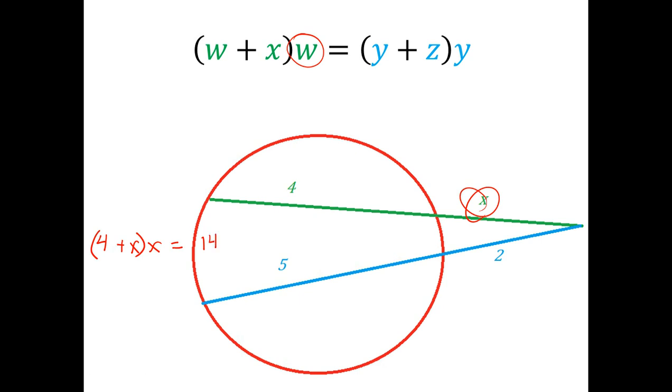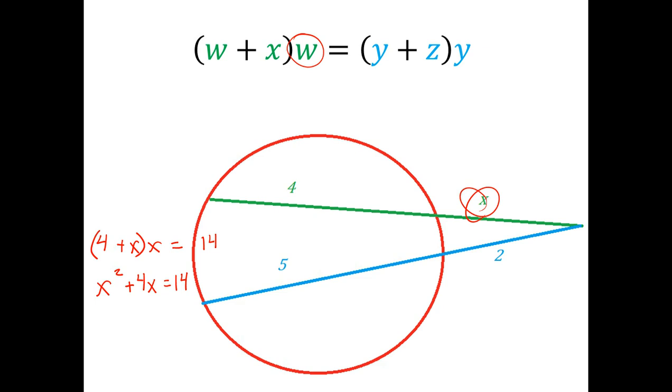Multiply it in, getting me x squared plus 4x equals 14. And now I'd have to use either the quadratic formula or completion of the square. I'd have to do something to find my x values. And I'd want to make sure that they are positive, because if my x values are negative, those aren't the right answer. Okay. So from here, we'd have to use the quadratic formula, negative b plus or minus the square root of b squared minus 4ac all over 2a, to probably solve it.